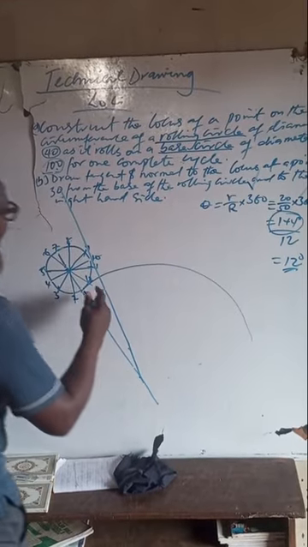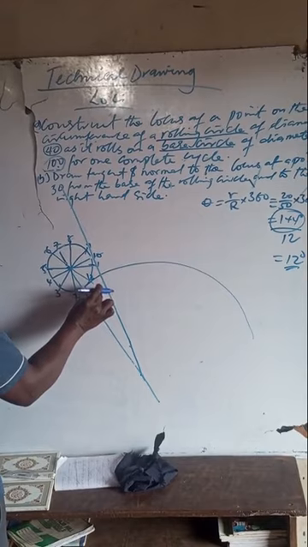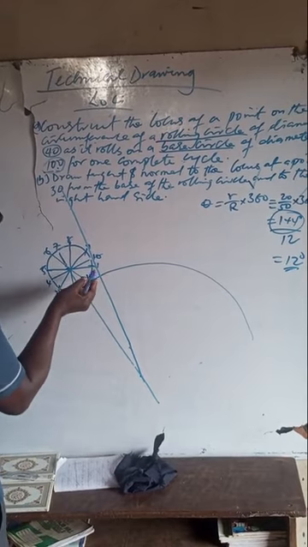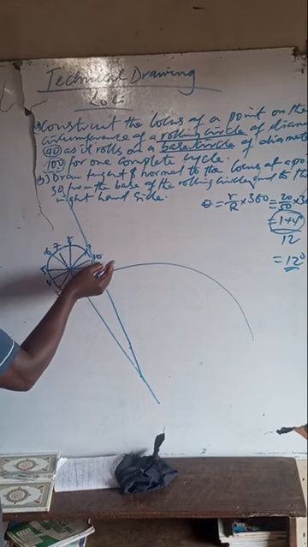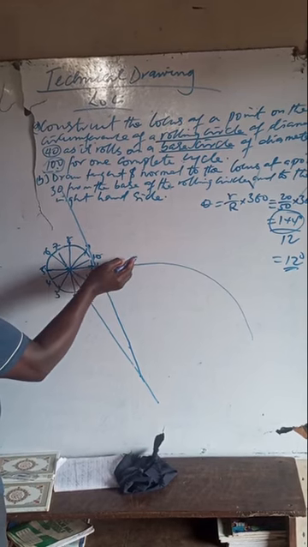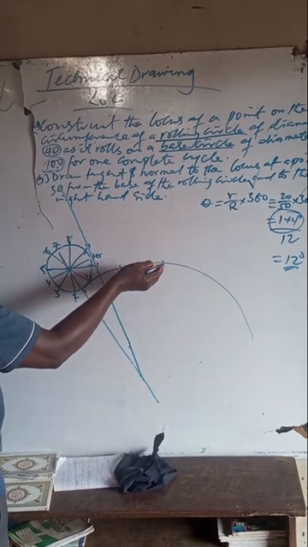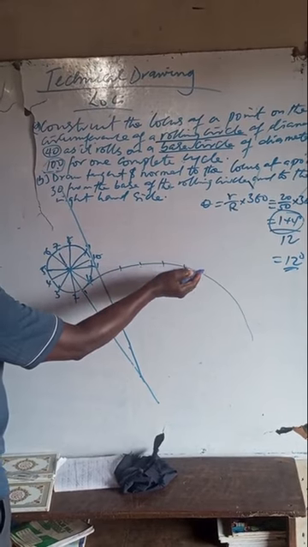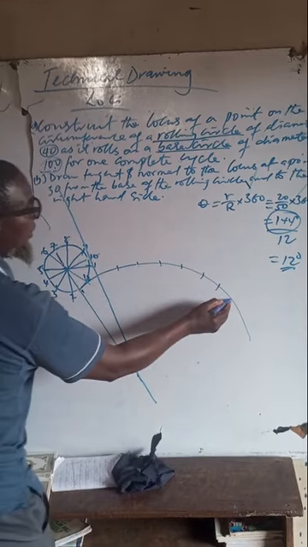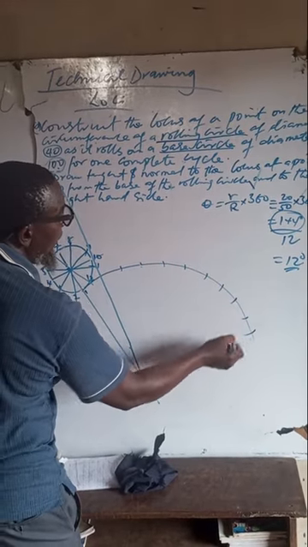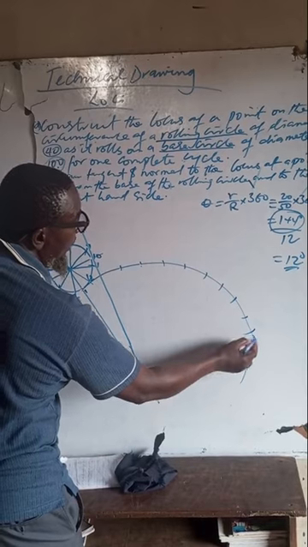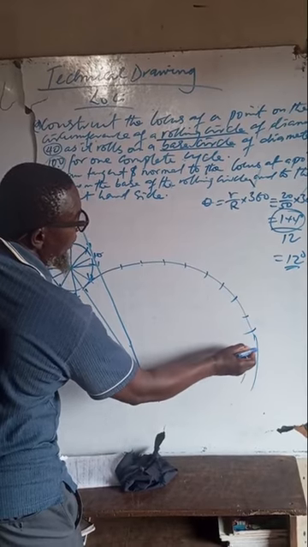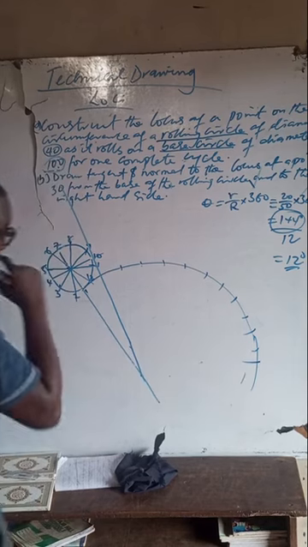Now I need 12 of these, and I have one already, so I need 11 more. I'll take this dimension and mark it 11 times: 1, 2, 3, 4, 5, 6, 7, 8, 9, 10, 11.